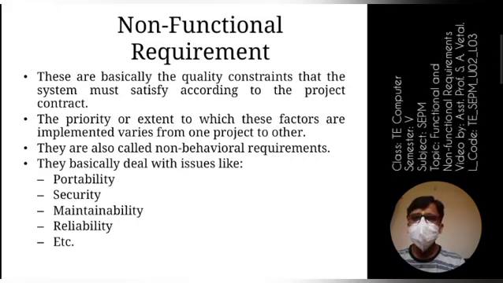The different things are there that we are going to discuss later in the same slide. The priority or the extent to which these factors are implemented varies from one project to another. The priorities and the operations that we are going to perform vary from one project to another.